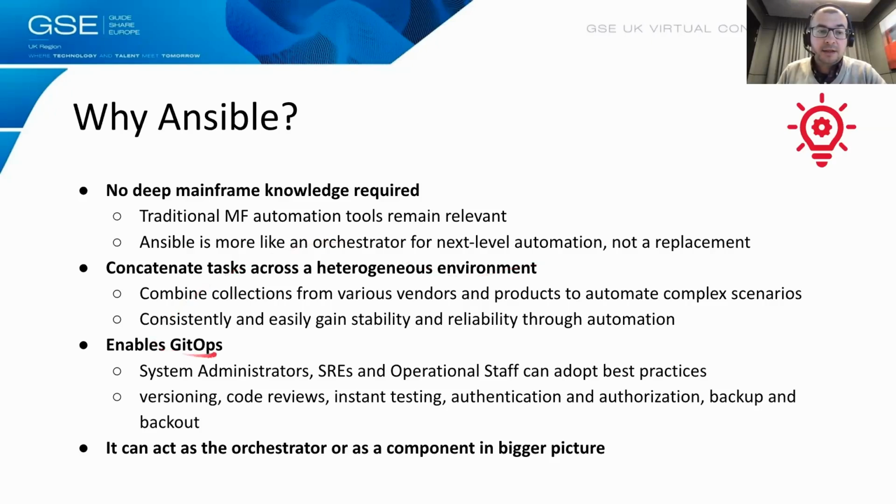Ansible is a good friend with Git. Technically, you can onboard multiple software versioning systems in Ansible, but Git is very popular nowadays, and to be honest, I don't know anyone who would be using anything other than Git. So it enables GitOps. What does it mean? If you are at least a little familiar with Git and Git practices, then you probably understand.